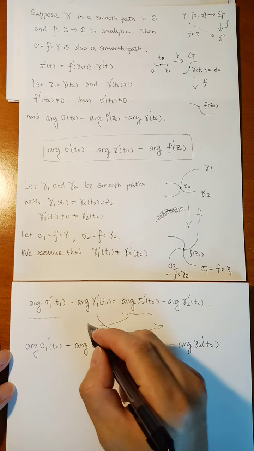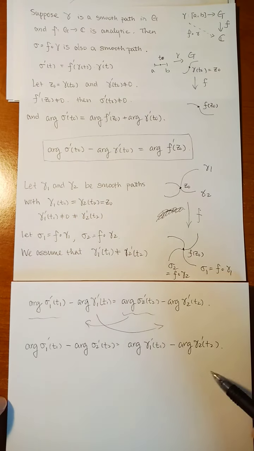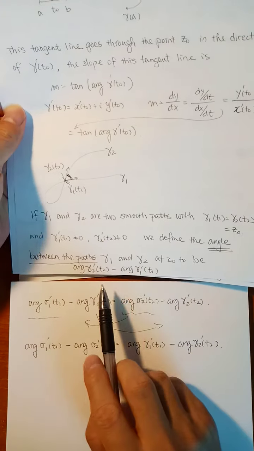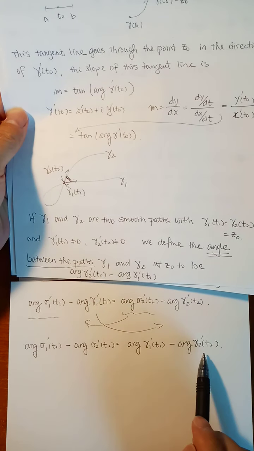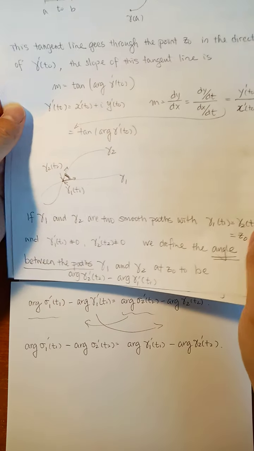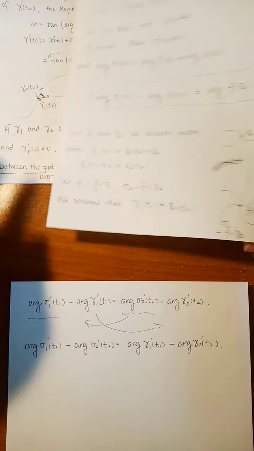Exchange those two terms. Then what is this? By our definition, with gamma 1 and gamma 2 primes, this is exactly the angle between curves, between smooth paths.